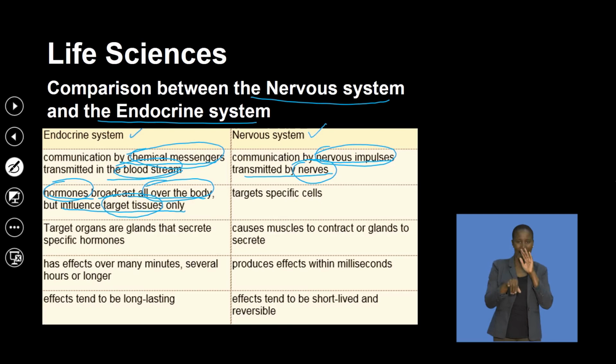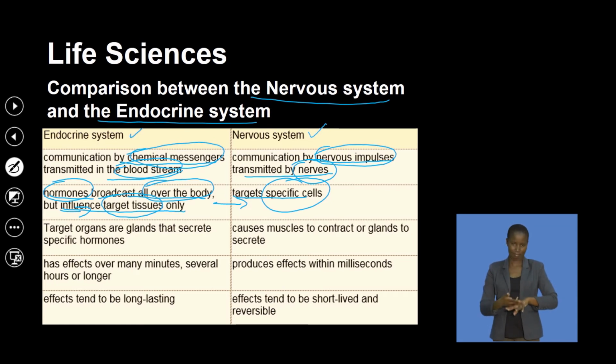However, your nervous system sends impulses via neurons, and these travel to specific target cells and not throughout the body. So your neurons are specific to a target area. However, your hormones can travel in the bloodstream throughout the body.